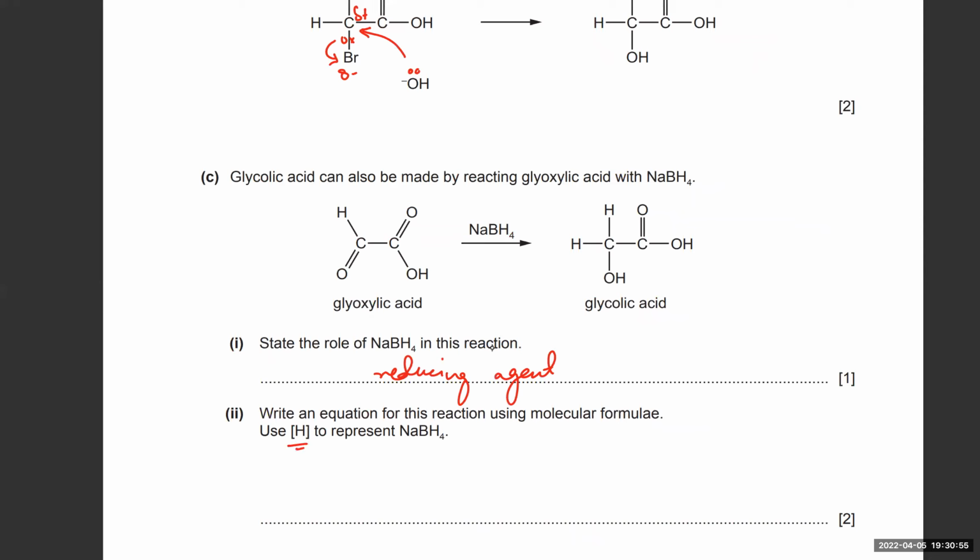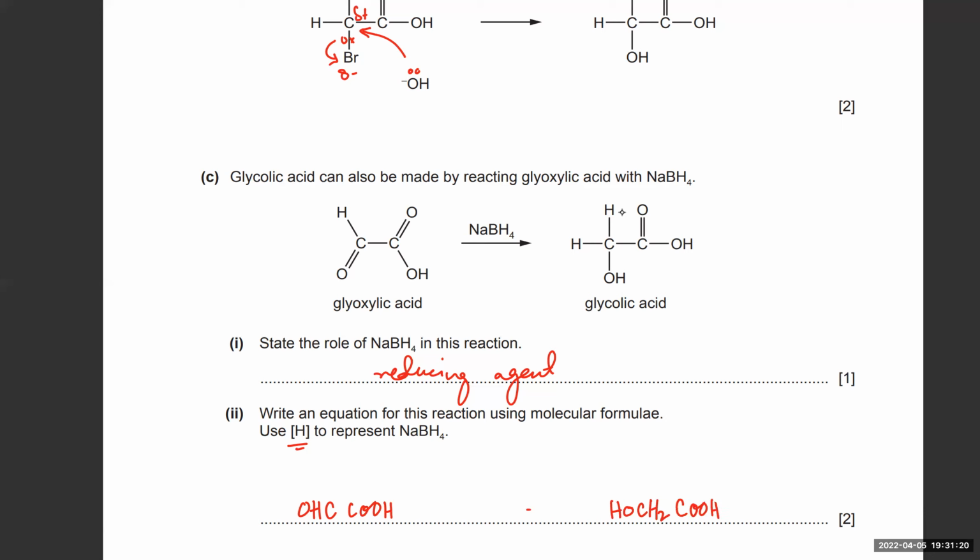So the reaction is, this one is CHO. You can remember the aldehyde is always written not as COH but CHO. This side is COOH, and the other side is CH2OH, and the right side is the carboxylic acid.